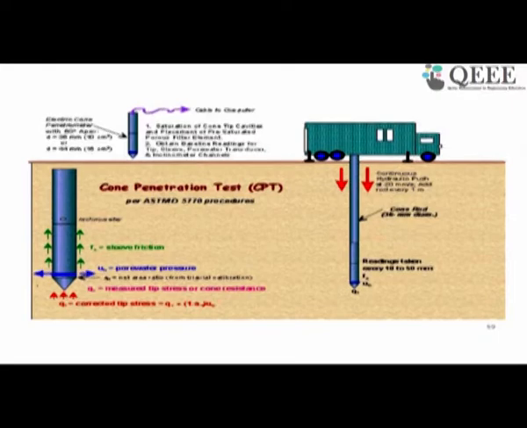There will be a load cell which will be recording the tip resistance, and there will be a friction sleeve which will be recording the friction between the soil and the cone or the surface of the rod. So these two parameters, that is the tip resistance and the sleeve friction, are actually the governing parameters which will give you the details of the strata.